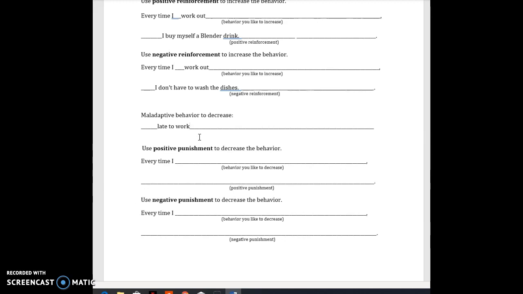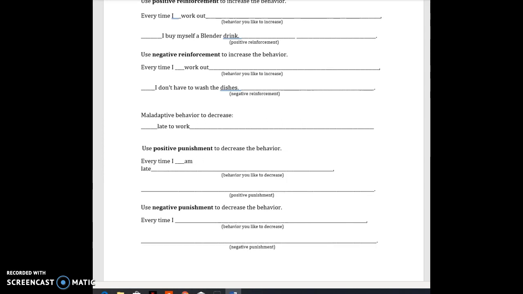So we know anytime we use punishment, we're trying to decrease a behavior, and we're going to use positive punishment and negative punishment. Positive means to add. So I'm going to add something unpleasant every time I'm late. So I'm going to say every time I am late, again, that's the behavior I'd like to decrease.